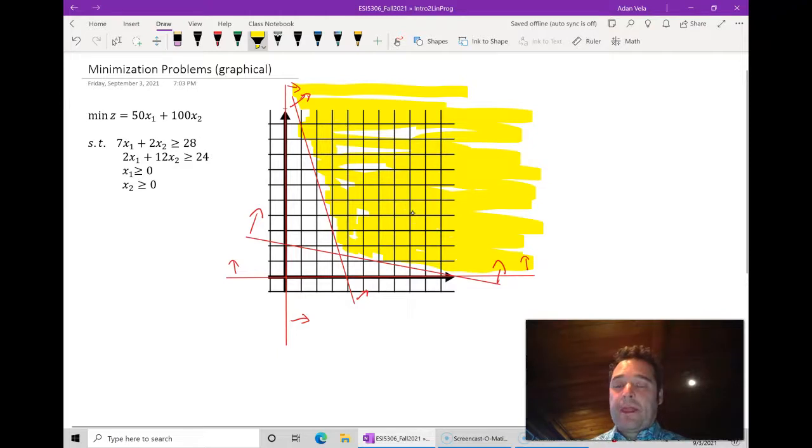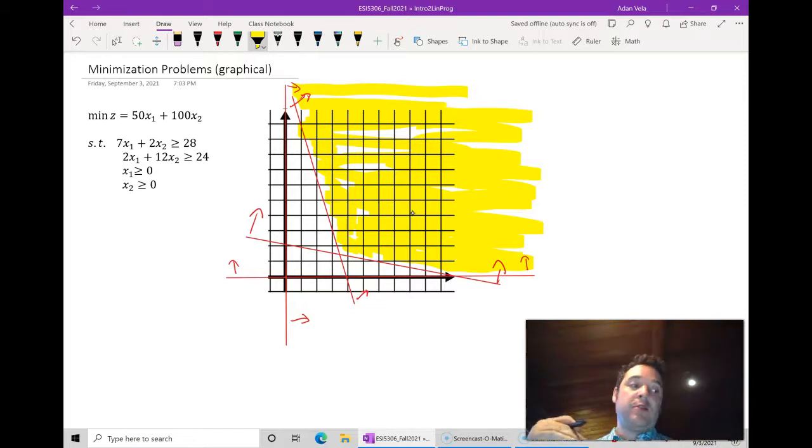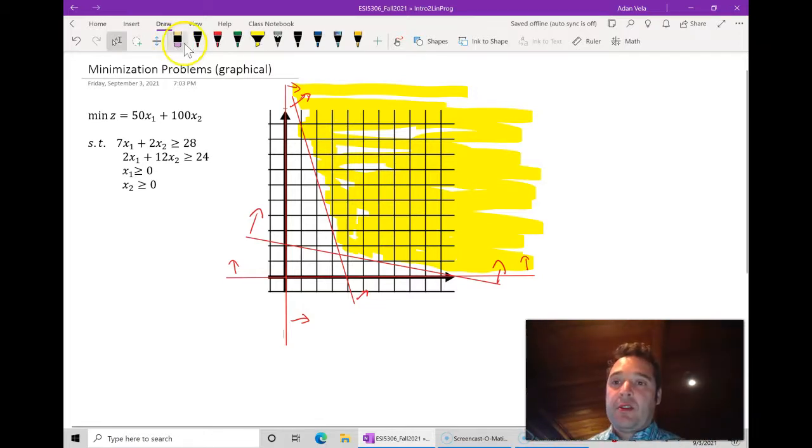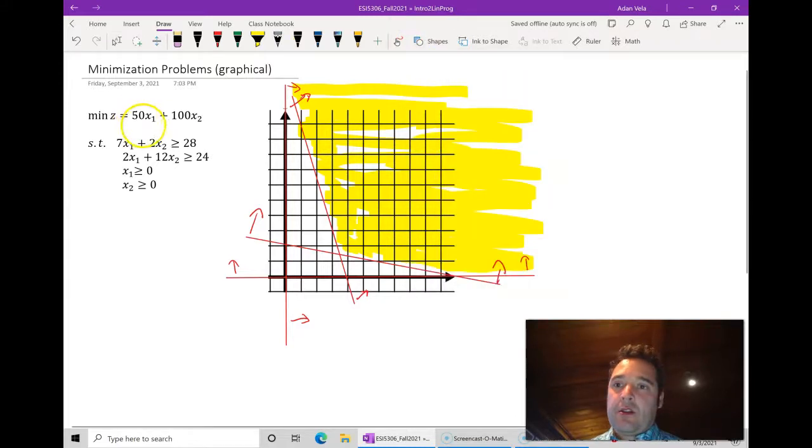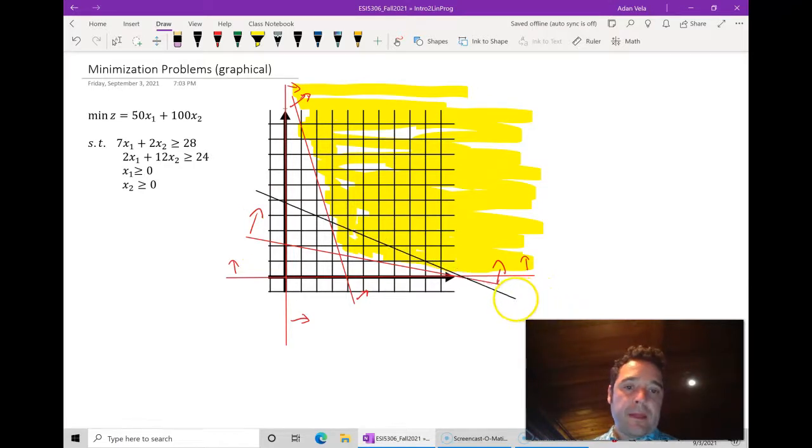Now, unlike the maximization problem, in the minimization problem our goal is to lower the isoline as much as possible. So let's go ahead and draw in our isoline. So one neat little trick is you can see there's a 2-to-1 ratio here. So the isoline's going to more or less follow the same property. And so I'm just going to start drawing this in.